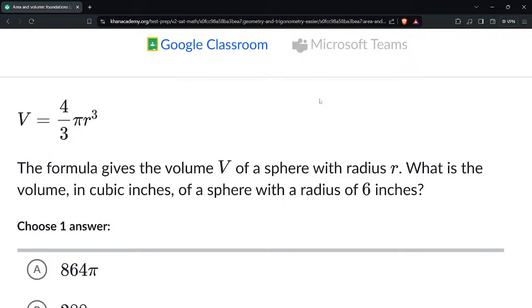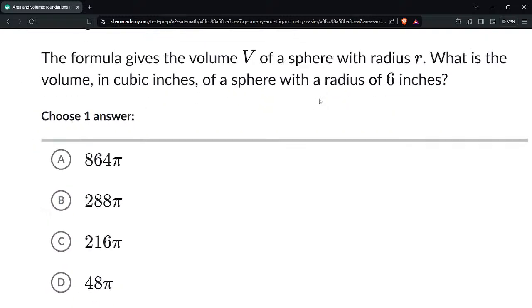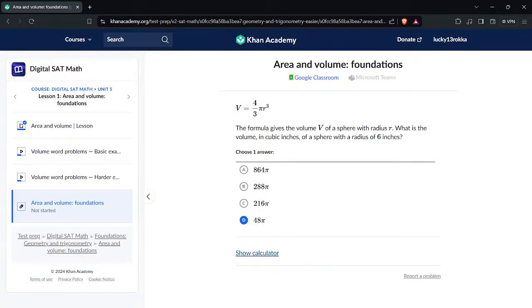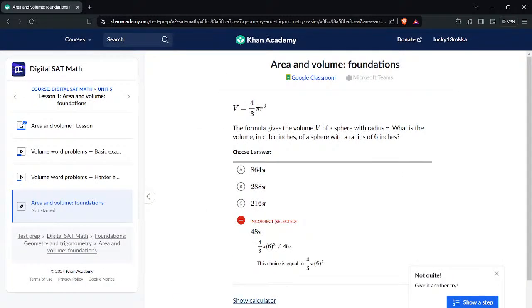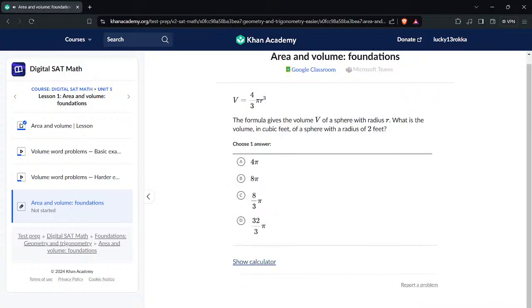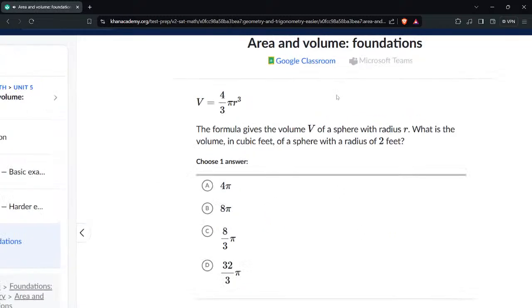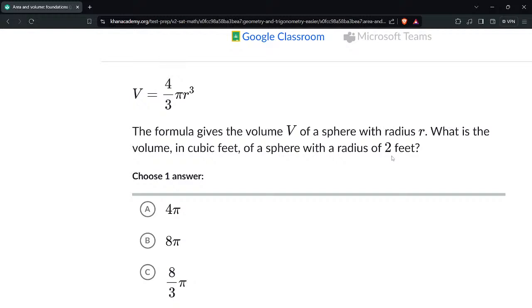Very good. Wait, my calculator didn't register. Okay, that's not my fault. Oh, it's my fault, yeah.